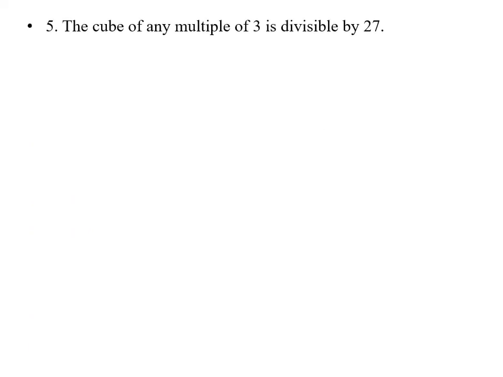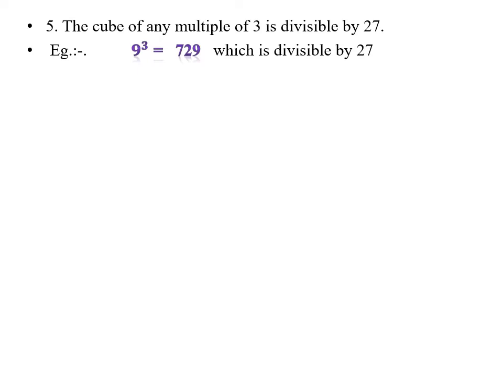Let's see the next property. The cube of any multiple of 3 is divisible by 27. As we have seen for the multiple of 2, now this is for the multiple of 3. So when the number whose cube we are taking is a multiple of 3, its cube is divisible by 27.